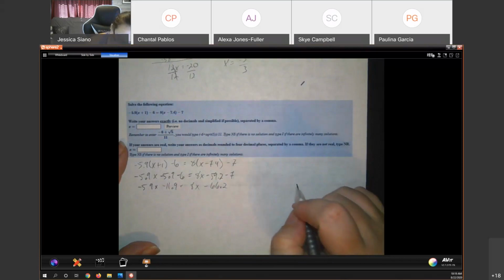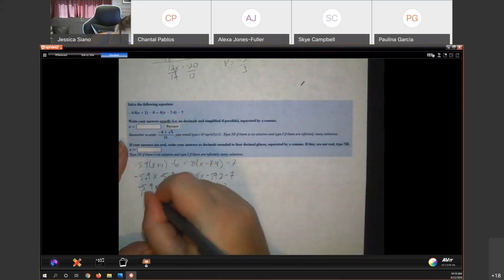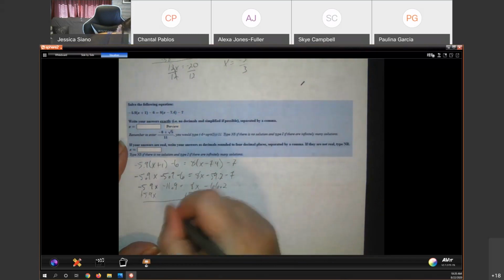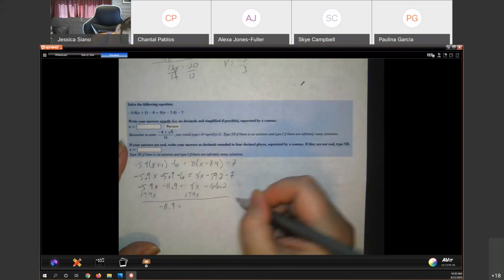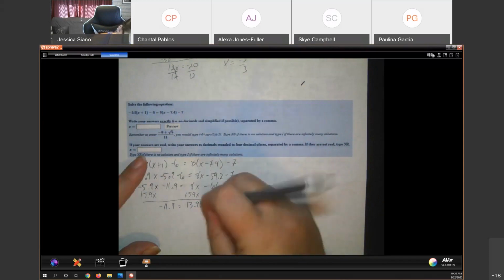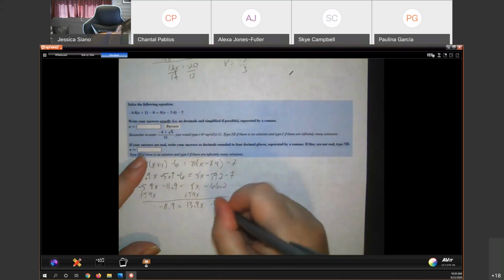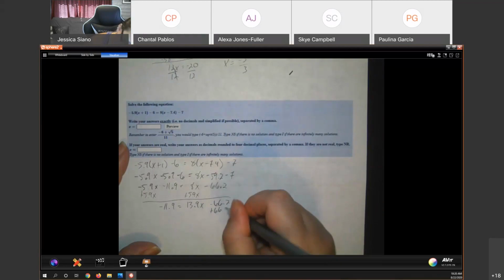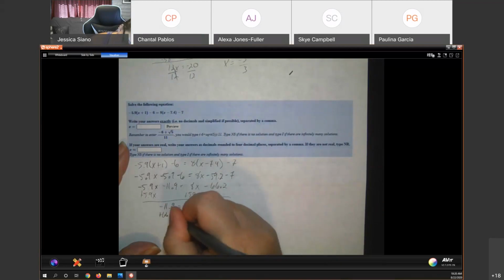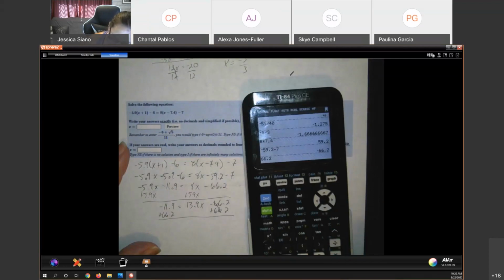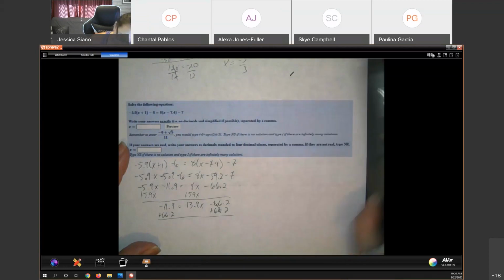All right, so let's add the 5.9x. 13.9. Add the 66.2. 54.3.